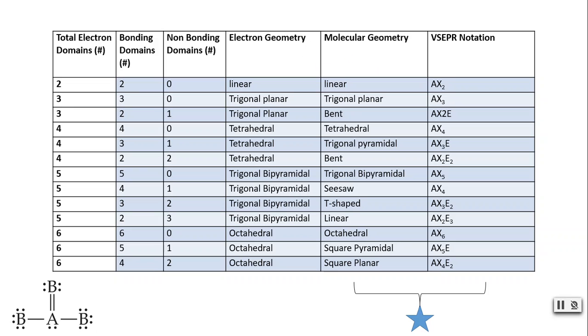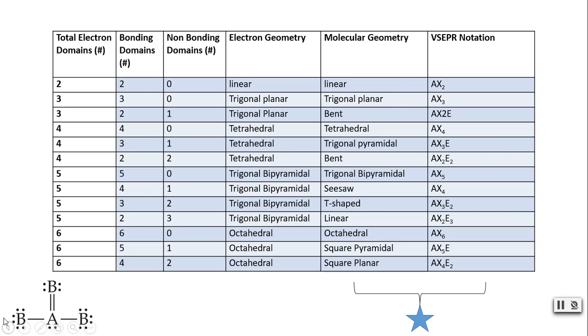But I have a great big star here because there is some good news. The great big star is a reminder to me to tell you that for the exam, I will only test you on the corresponding molecular geometry for that particular VSEPR notation.